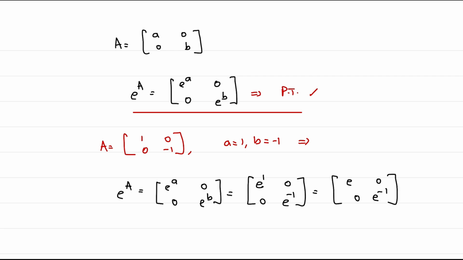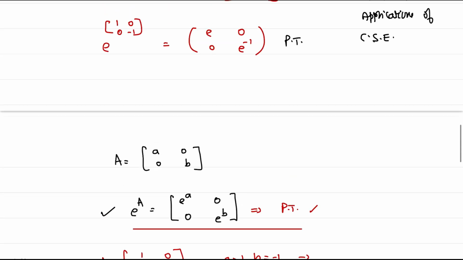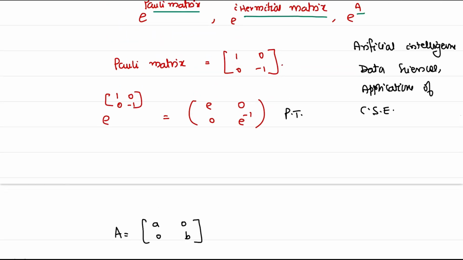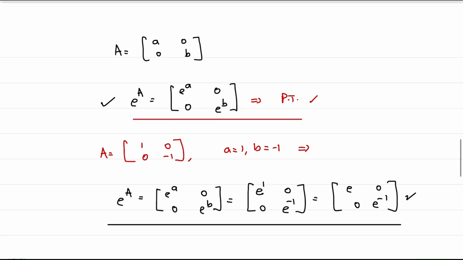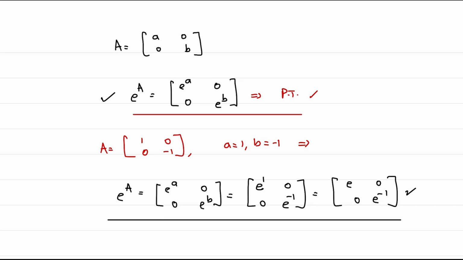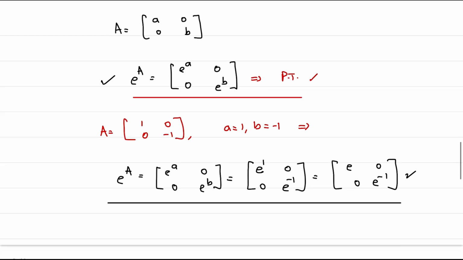If this can be proved, e to the power of A is equal to e to the power of a 0 0 e to the power of b, then automatically if a Pauli matrix is used, those values can be substituted and we get b. That means indirectly we have already proved this one. And for other Pauli matrices also you can easily prove. And this is what it is used in many engineering applications.